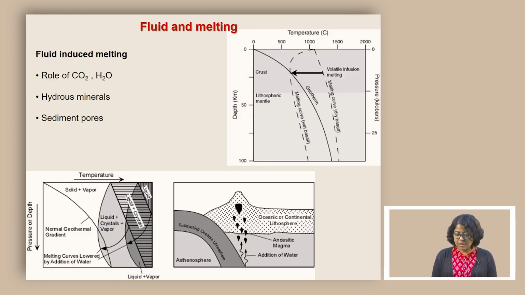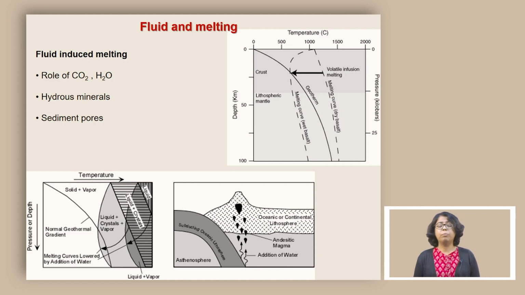The last point, or the last factor that plays a major role in terms of controlling the melting is the fluid. So, fluid induced melting is very important in certain geologic settings, especially under the ocean.